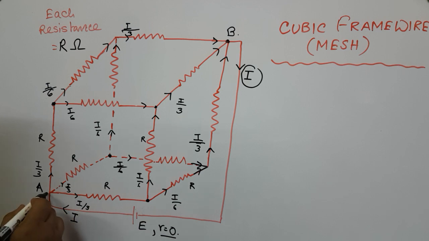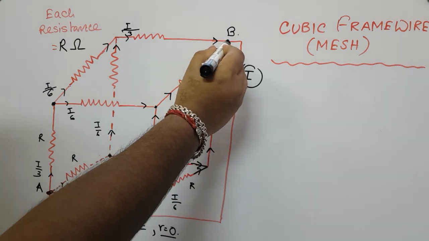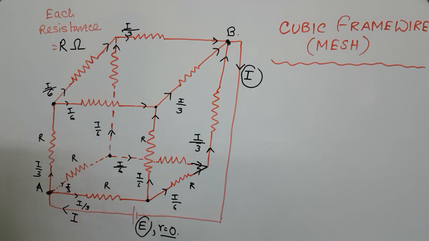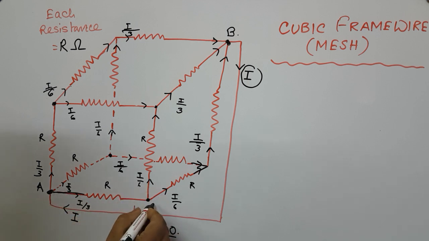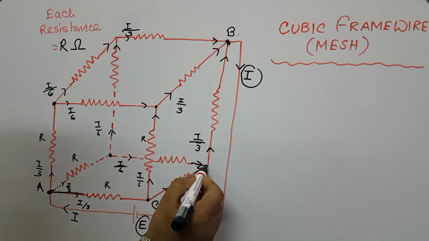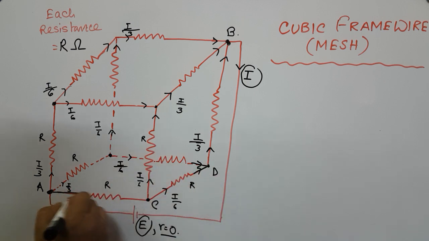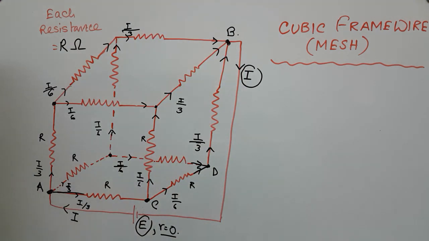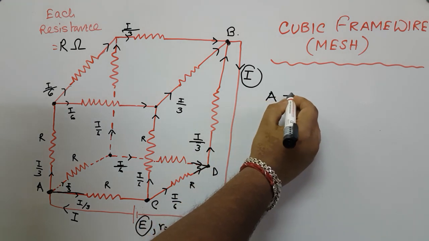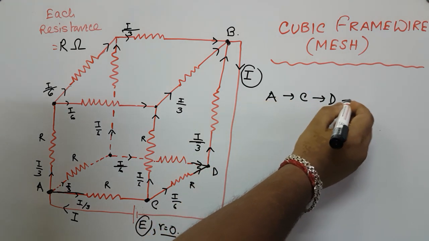So the potential difference between A and B will be equal to the EMF of the battery, that is capital E. Let's consider one of the paths between A and B. Let's name this point C and this one D, so A to C to D to B.